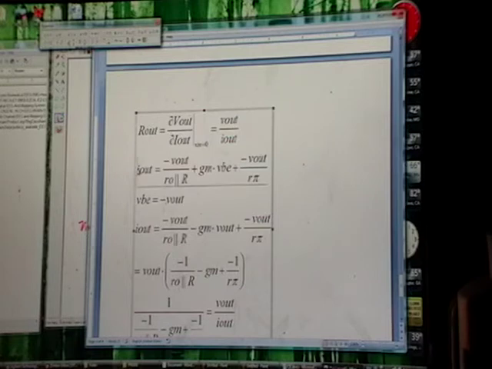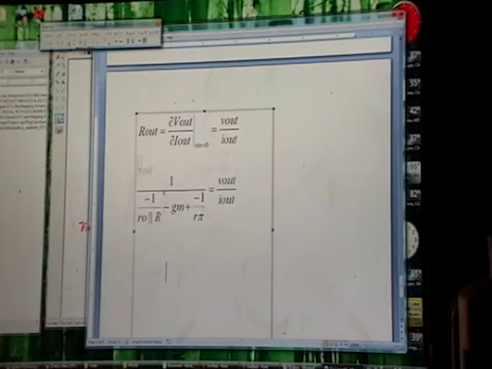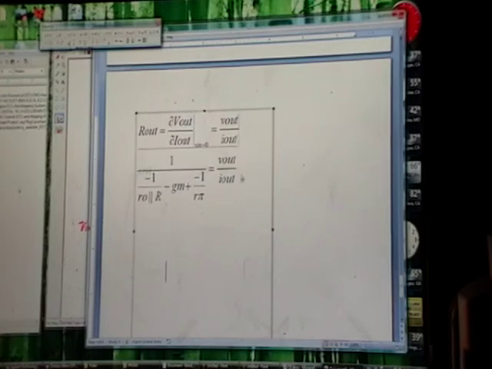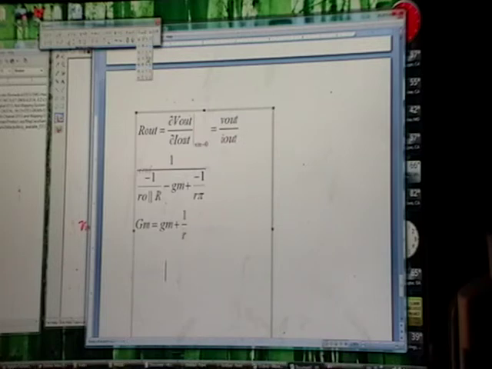Which is equal to that. We know GM equals little gm plus 1 over R pi.